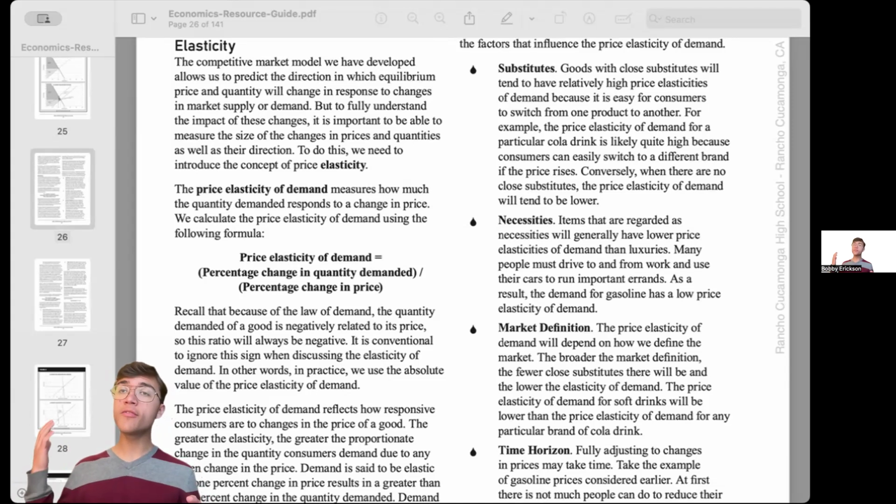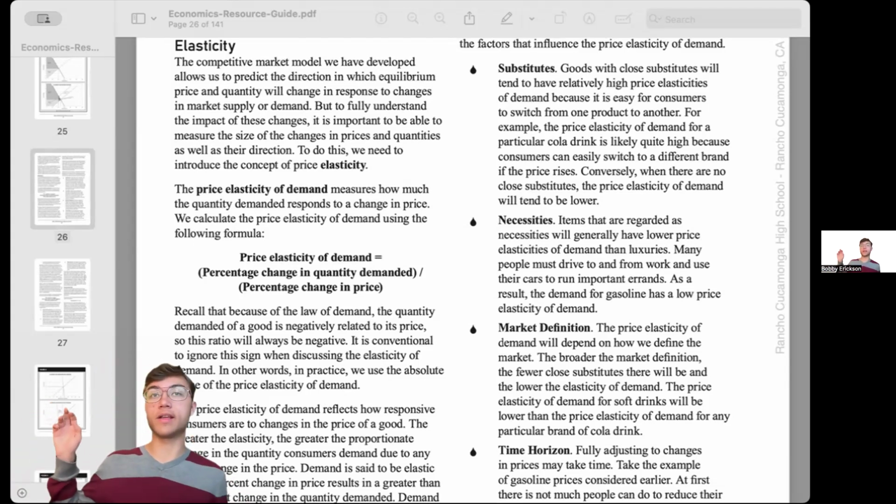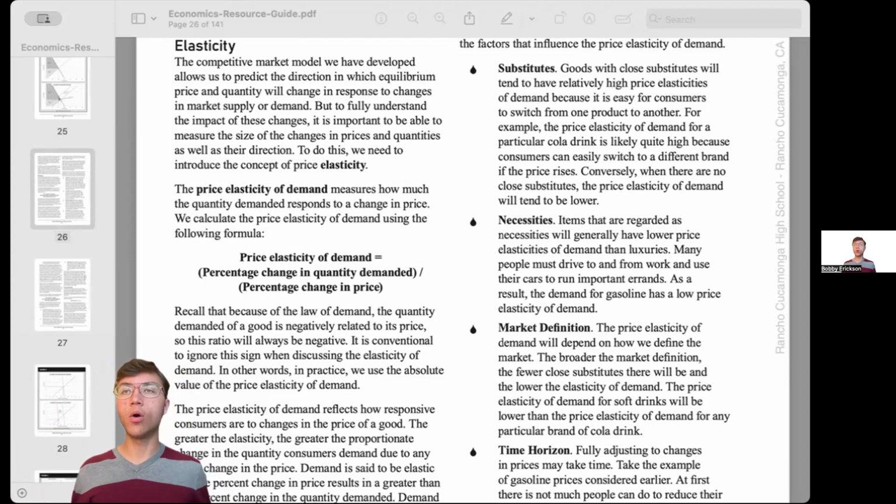Let's say that the bread increases in price, not by a ton, only a little bit. Because we have the close substitute of tortillas, we are going to be more willing to just stop buying bread and buy more tortillas with every incremental change in price.